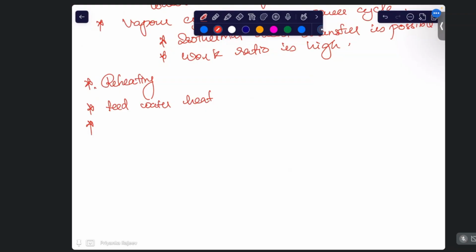By bleeding, the volume flow at low pressure is reduced, and this reduces the design difficulties of blades, and also condenser size is reduced. So reheating is supporting the boiler. Then feed water heaters increase the temperature of the feed water before it reaches the boiler. And then we have bleeding, which helps in reducing the condenser size.